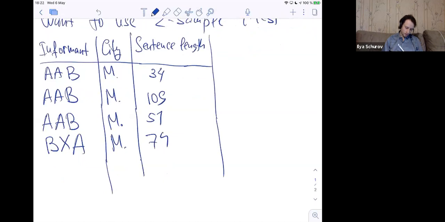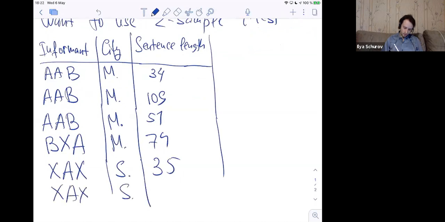And I have another informant from St. Petersburg, and there's sentence length like this. And so on.